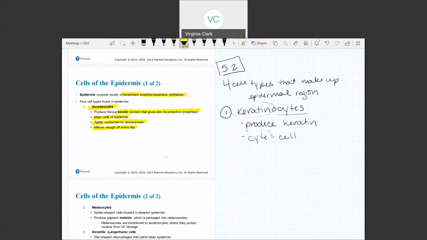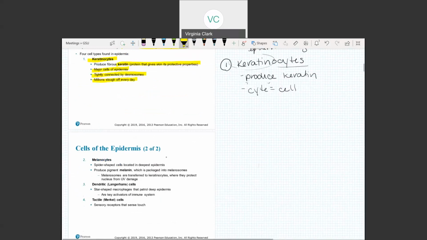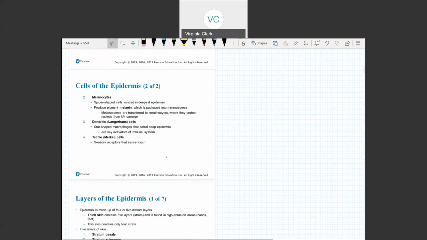We're bumping up against things, rubbing up against things, having abrasions, having injuries, just walking down a hallway. All of these things are going to cause the external layer of your epidermis and those cells to be sloughed off. That is why we need so many of these keratinocytes. We essentially do lose them as we move about our day.